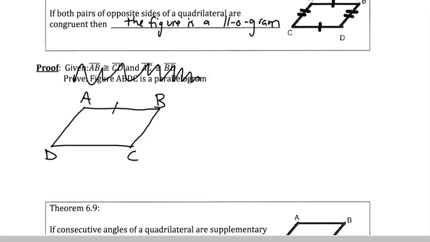Okay, so what would be given is that that is congruent to that and that these are congruent, and somehow we need to prove that this is a parallelogram. Well, step one would be going over and drawing this in. If you drew this in, then you would have two triangles. With those two triangles, you would be able to use the reflexive property.